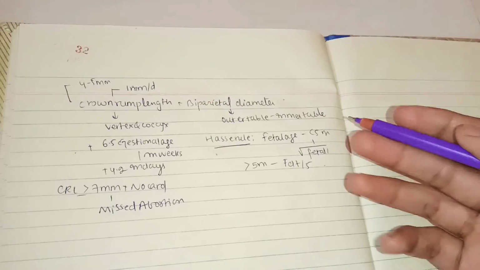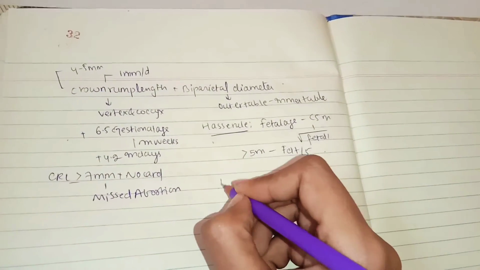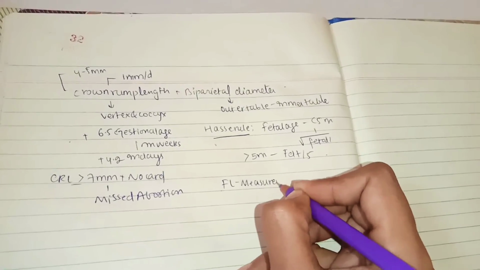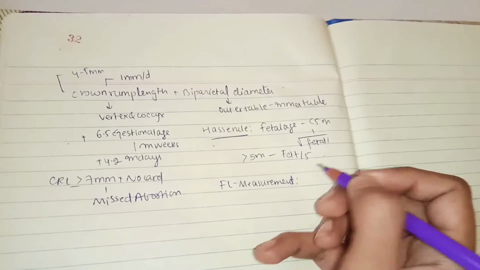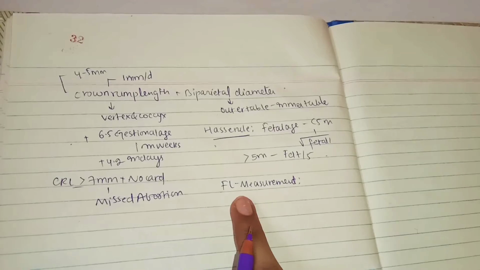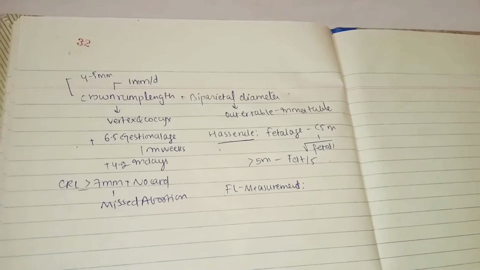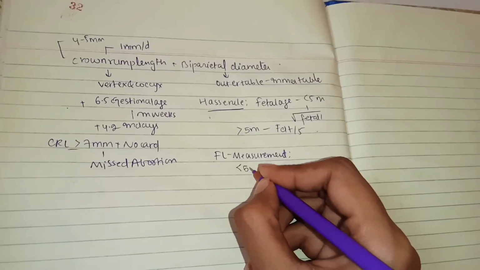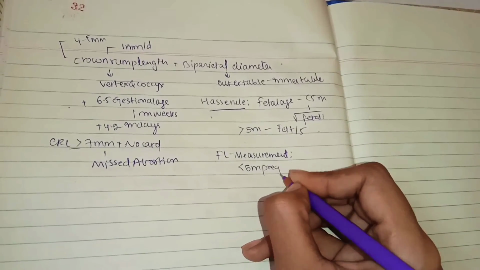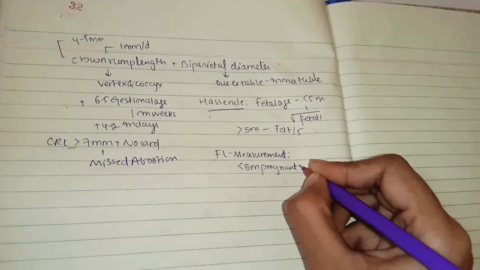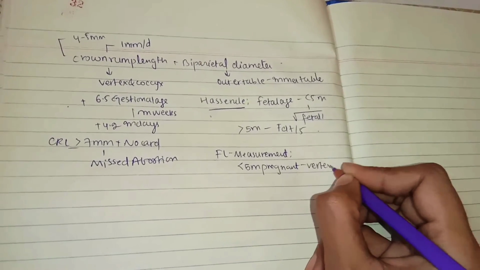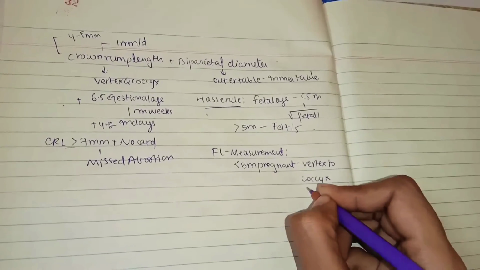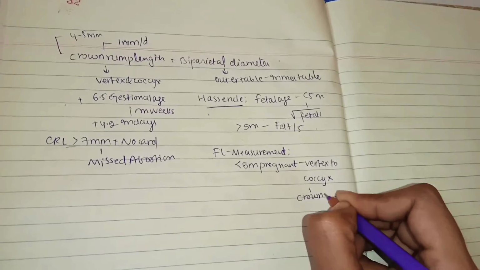Okay, so now coming to fetal length measurement. How to measure the fetal length? We have understood how to determine fetal age. So how to determine the fetal length? If the pregnancy is less than 5 months, the measurement from vertex to coccyx is the crown rump length.